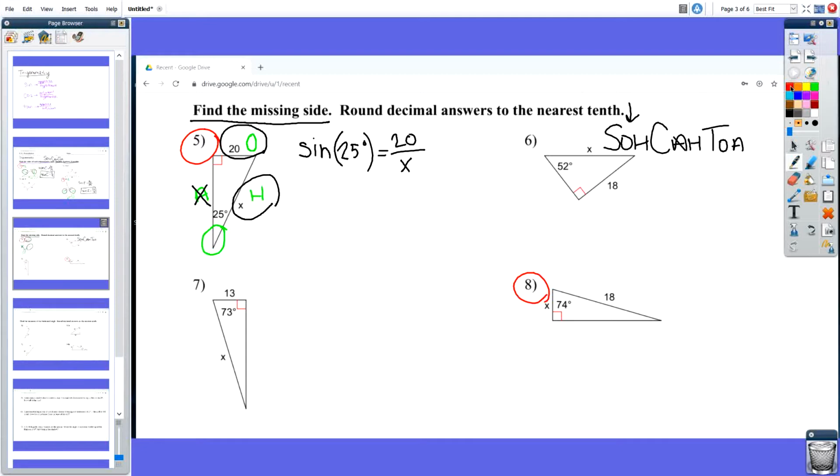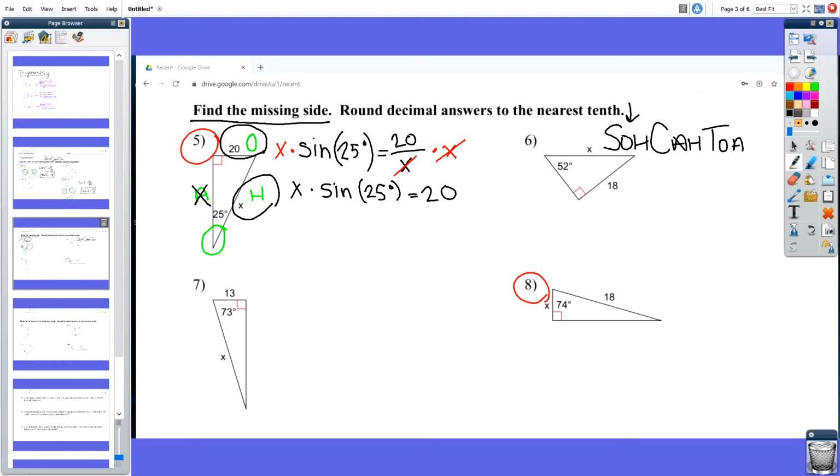The way that I'm going to do that is I'm going to first multiply both sides by x. What that's going to do is get rid of it in the denominator of our fraction over here. So what we'll end up with after doing this is x times sine of 25 is equal to 20.